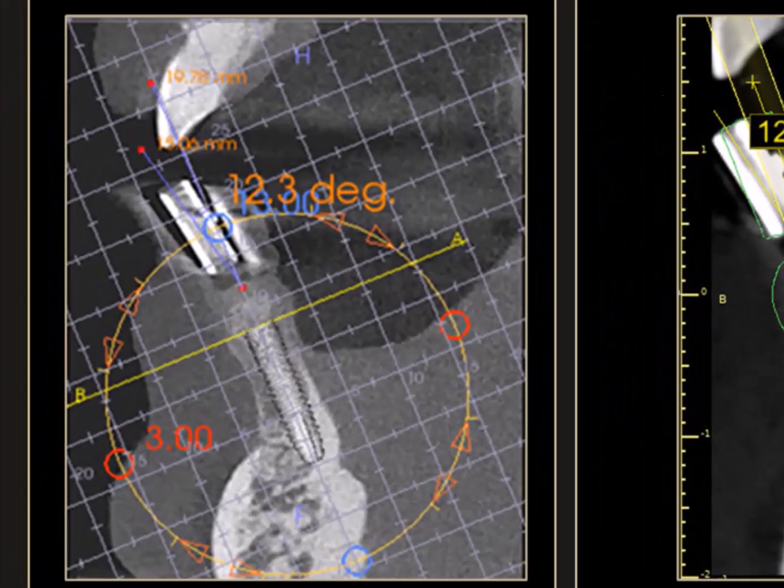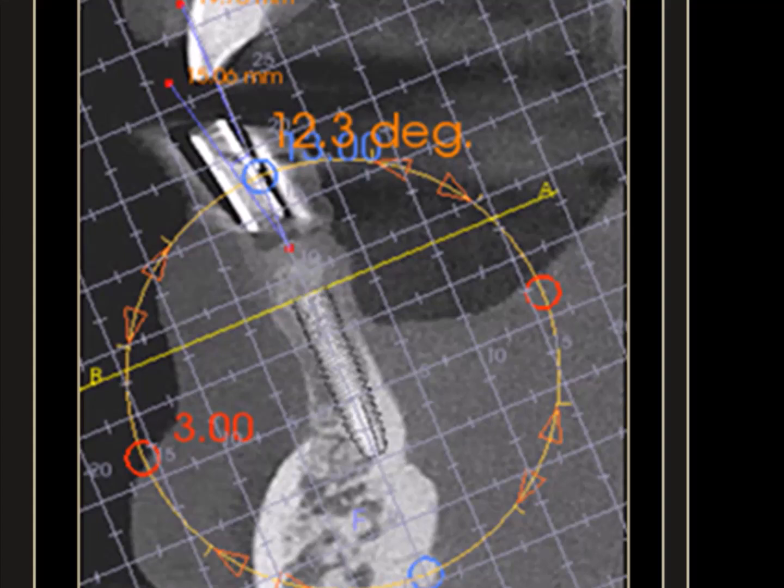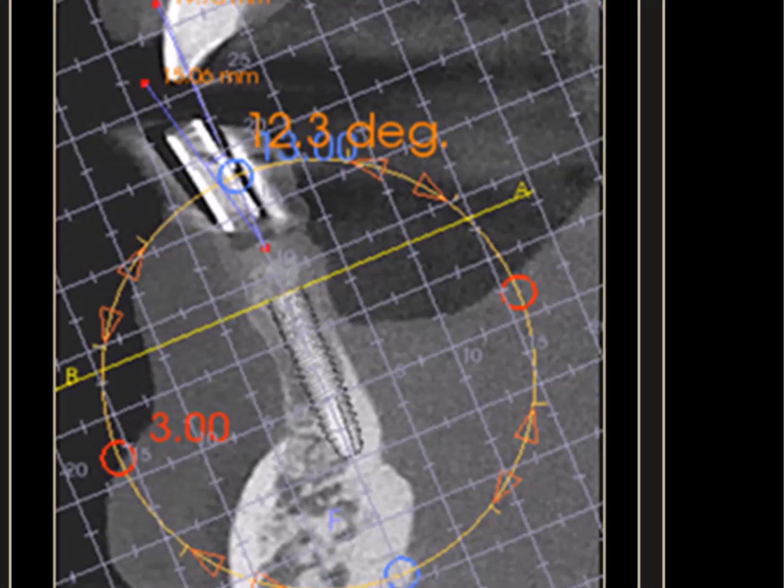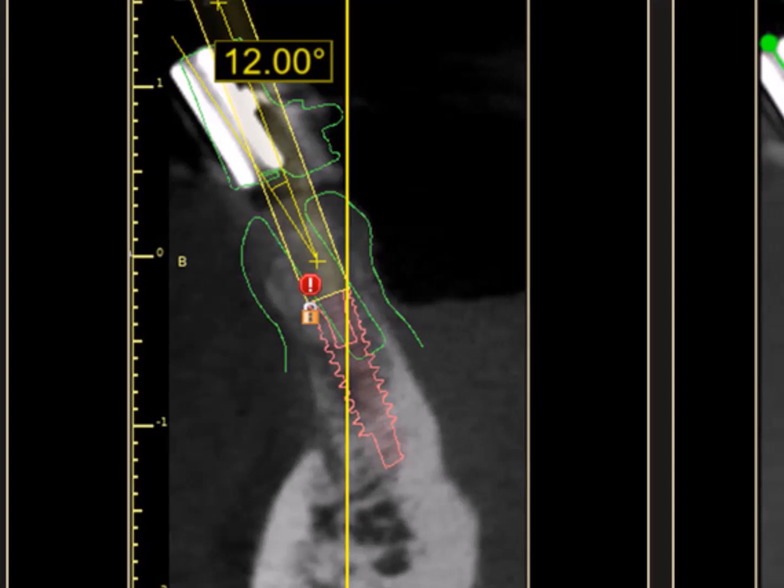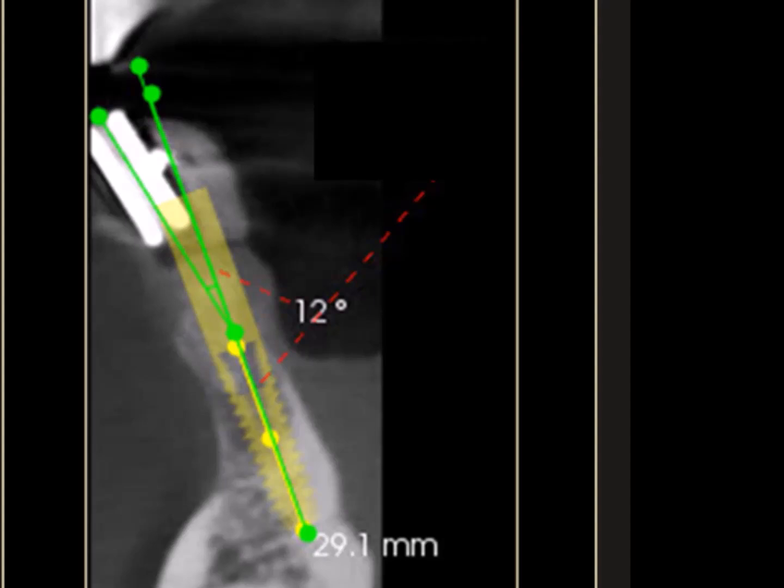The long axis of the implant is rotated lingually, so it is centered within the bone with each of the software programs. The angle tool is used to measure the angle between the long axis of the guide sleeve and the long axis of the virtual implant, which measures 12 degrees on all 3 programs.